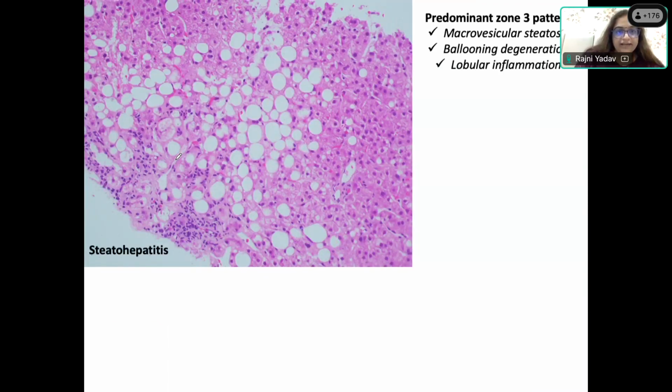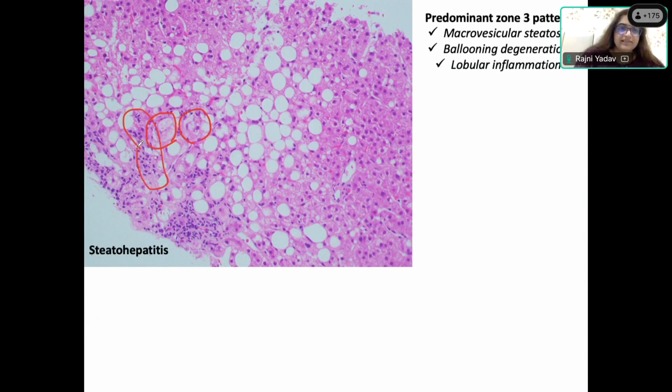At the higher power, we can see again macrovesicular steatosis. See, the vacuole is so big that it is displacing the nucleus to the periphery. So that's mostly large droplet macrovesicular steatosis. And other than that, what else can we see? These are ballooned hepatocytes. These are swollen. See, their cytoplasm is degenerated. It has become clear. And then what is all this?